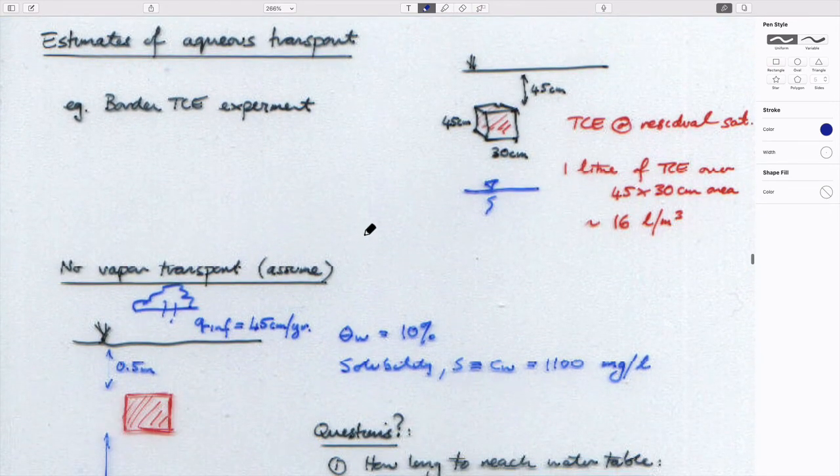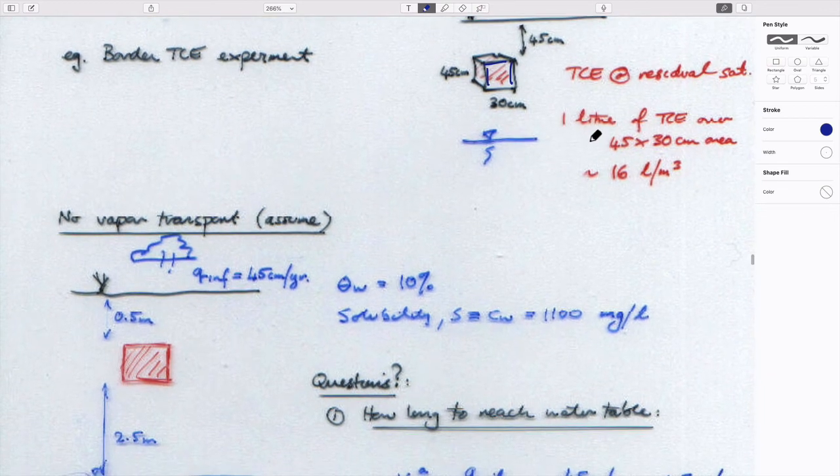And so just to cement those concepts, this was an experiment that's also done at Borden, the same place where we have those chloride and carbon tetrachloride plumes that we worked on last time and the time before. A slightly different experiment: dig a hole and backfill a little cube that's 30 by 30 by 45 centimeters in dimension, half a meter below the ground surface, that has a liter of TCE spread within the sand that is backfilled, basically at residual saturation.